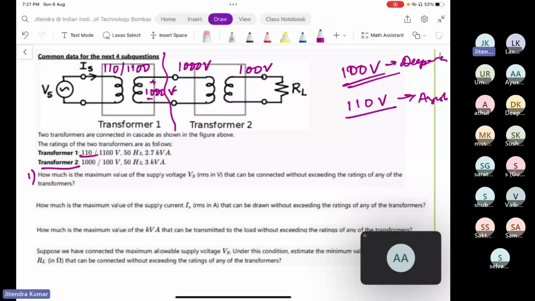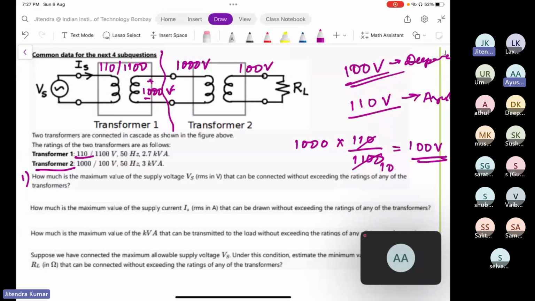So now 1000 into 110 by 1100, it will come out to be 100 volt. Okay, so Ayush, are you agreeing with 100 volt or not?